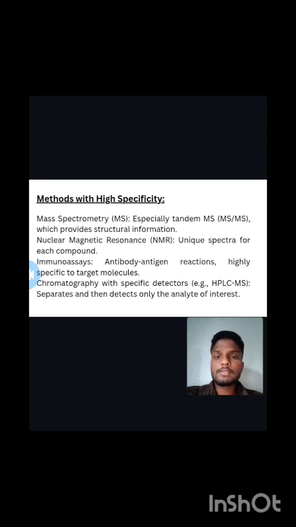Nuclear magnetic resonance, NMR, gives unique spectra from each component. Immunoassay uses antibody-antigen reactions, highly specific to target molecules. And chromatography with specific detectors, for example HPLC and mass spectroscopy, separates and then detects only the analyte of interest.